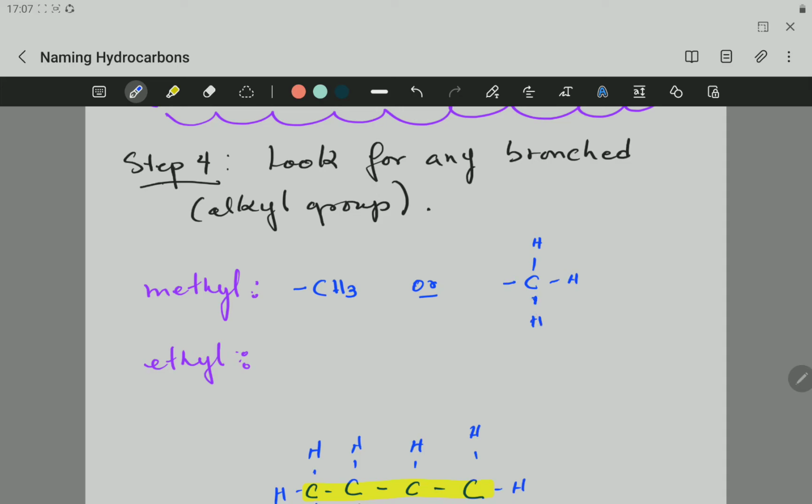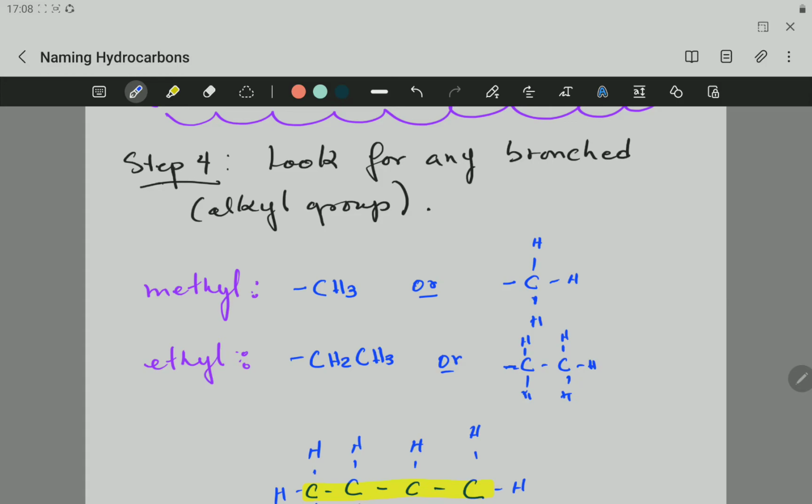This is called methyl. If it's ethyl, you will have CH2, CH3. Or if it's with a structural formula, you will have C with 2 hydrogens and another C with 3 hydrogens. So those are the 2 different types of branches, the 2 alkyl groups.